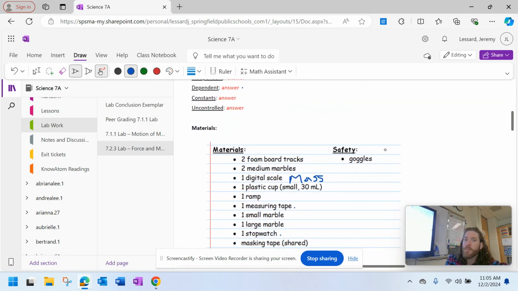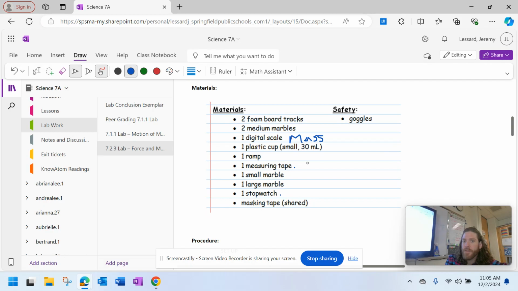So we should remember that if we take the distance that an object traveled, the D, and we divide that by the time, then we can get the speed. Distance divided by time is equal to speed, or D divided by T is equal to S.